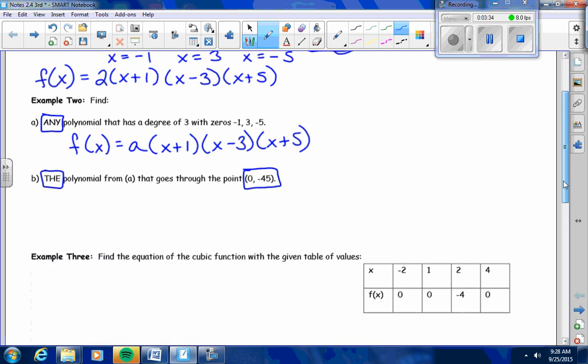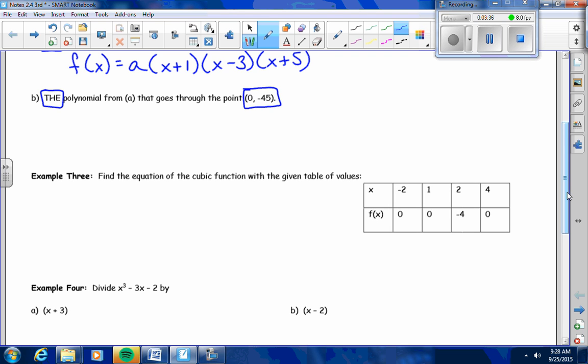So in this case, when it has to go through a specific point, this is how you're going to solve it. The point you're given, 0, -45, that's your point x comma y. But we can also write that as x comma f of x, because f of x and y are interchangeable. They mean the same thing.